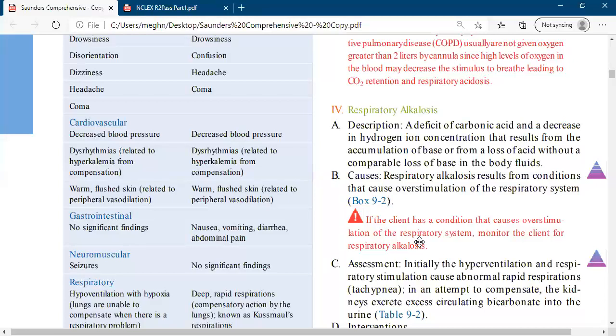As I told you, if the breathing is too fast, it is respiratory alkalosis. Here they said, if the client has a condition that causes overstimulation of the respiratory system, meaning breathing too fast, the diagnosis should be respiratory alkalosis.